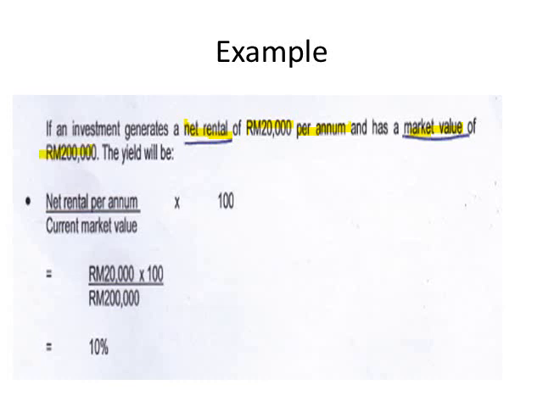The rental is 20,000 per annum, and market value is actually a price. Let's say this is the rental for a double story terrace house, for example. The rental is 20,000 per annum. So it could be per month, it could be 20,000 divided by 12.